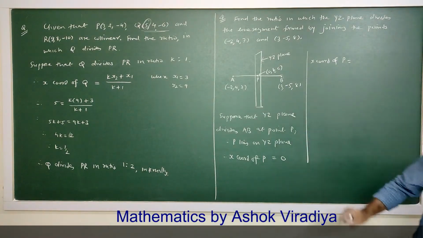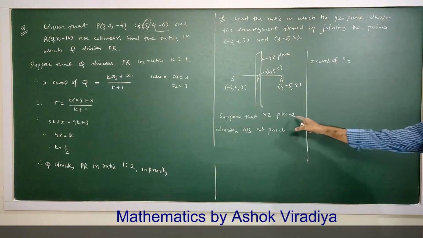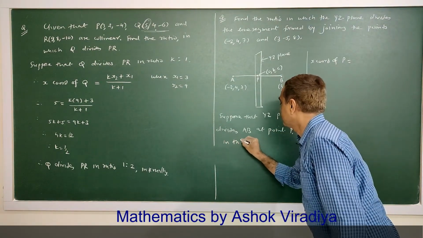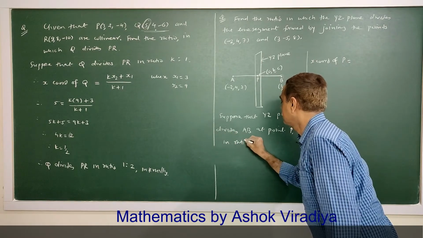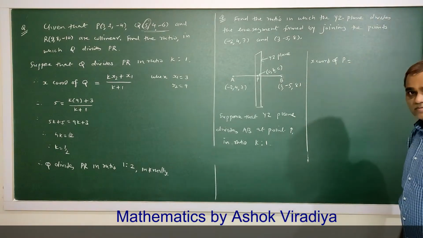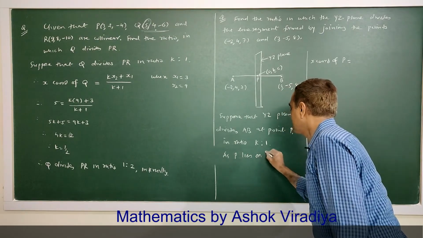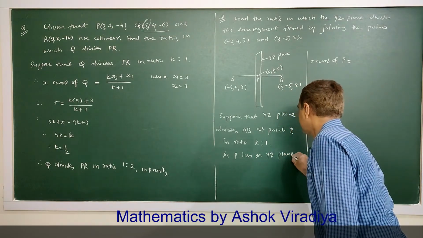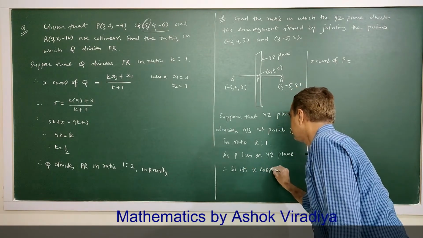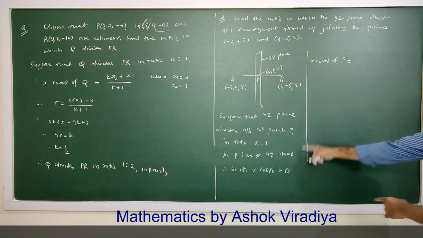So let me insert these words, that YZ plane divides AB at point P in ratio k:1, and here P lies on YZ plane, so its x coordinate equal to 0, and now we are using this x coordinate.